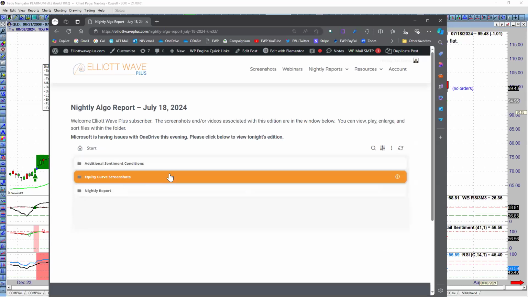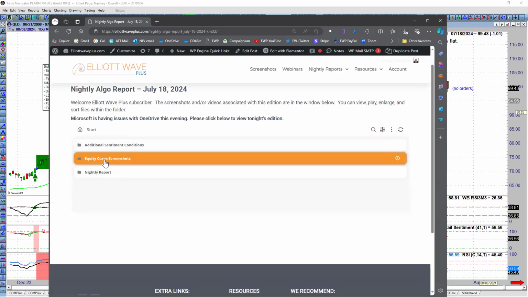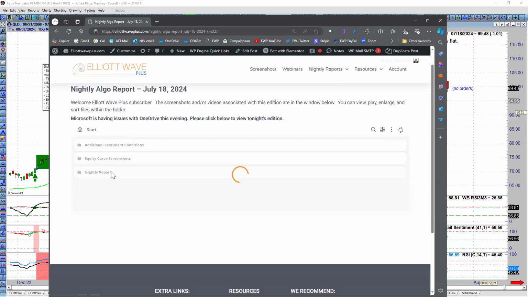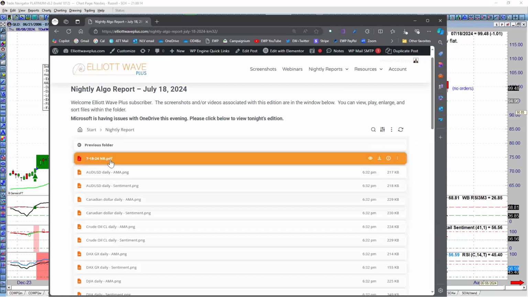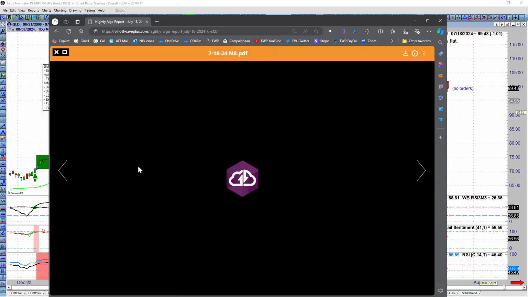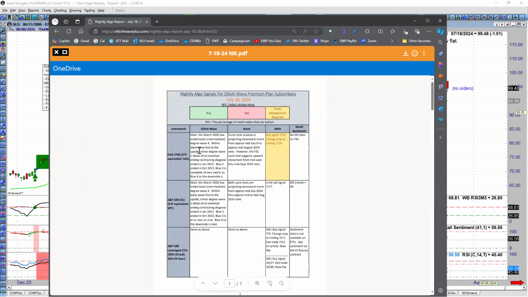And you go in there and, like, I also put the equity curve screenshots in there tonight. That happens once a quarter. But the nightly report has a summary spreadsheet in it, and it shows you buys, sells, and whether trade management is required. So the Dow was on a buy signal, but it recommends changing the stop to a trailing stop. In other words, tightening up the stop on that long position.